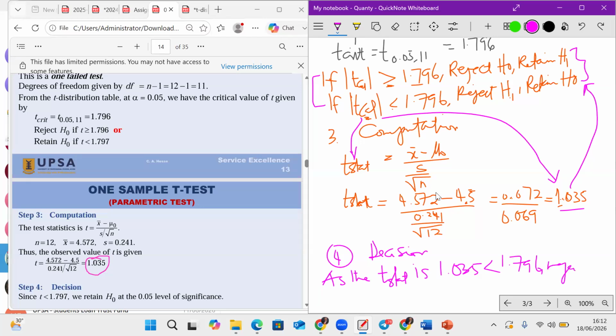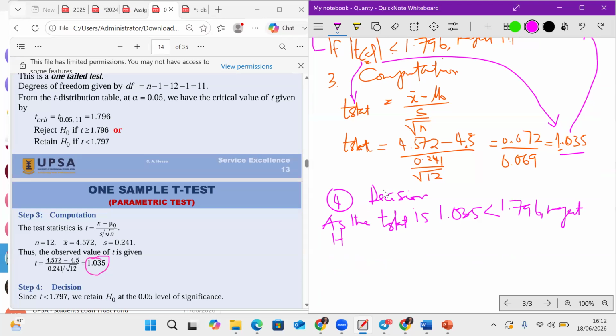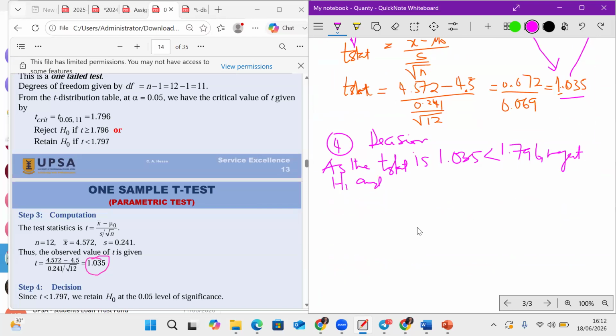We reject H1. Reject H1 and retain H naught, the null hypothesis, at the 5% significance level.